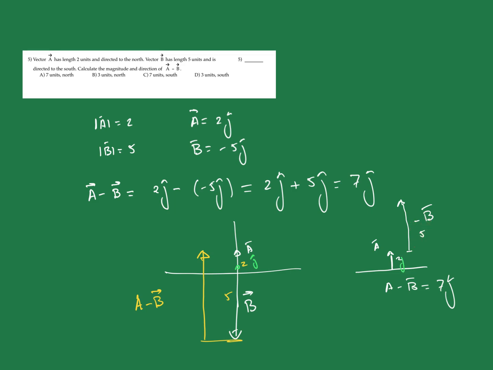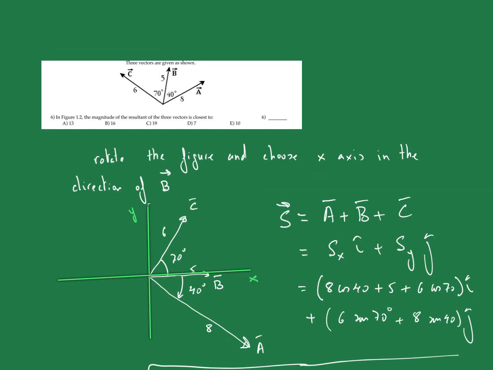So 2j plus 5j, that is minus V. So A minus V is 7j. And the problem is solved, because it's A plus this other vector, and the sum is 7j. Okay, let's go to the next problem.